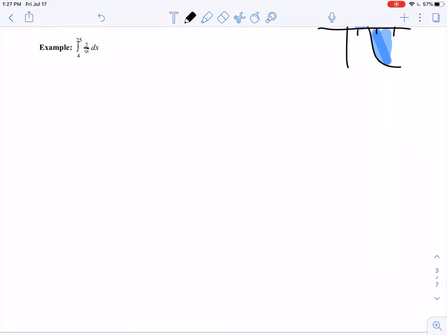Here, this time, I have the definite integral from 4 to 25 of 2 over square root of x dx. So again, the first thing I would like to do is find my antiderivative. This is maybe not the easiest form to work with because I have this square root.